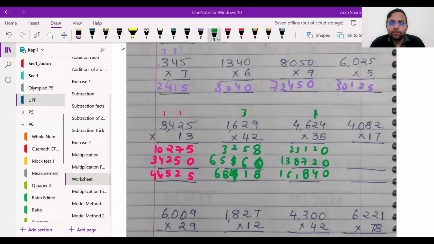Now, next one, 4,082 times 17. Swastik, now answer this one, 4,082 times 17.